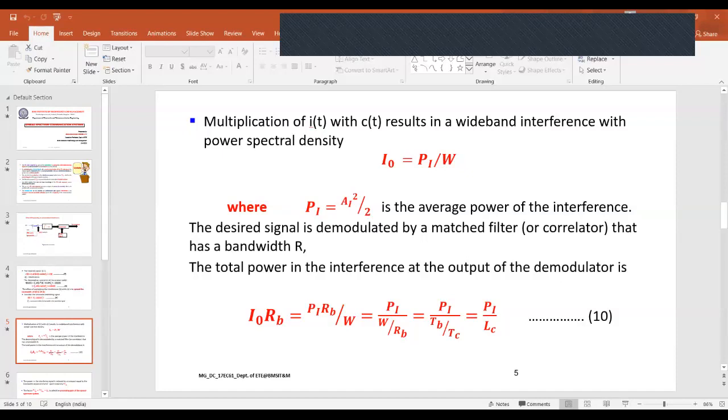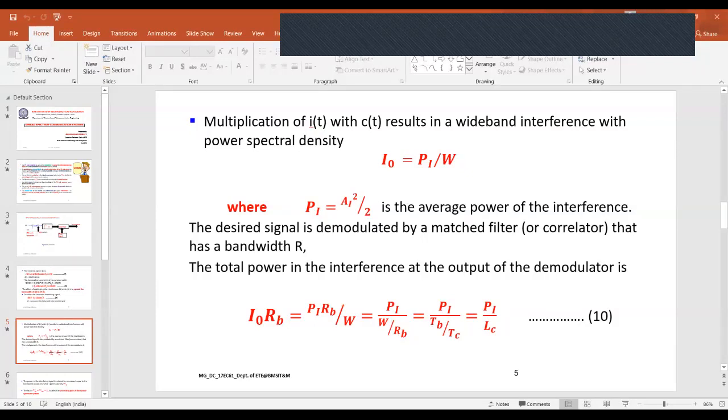So this can be rewritten as P_I divided by W by R_B. Just for my convenience, I'm writing in this way. Then, which is equal to P_I divided by W by R_B. As I said, 1 by R_B is T_B, right? T_B is the bit duration. And T_C is 1 by W. So I can write this W by R_B as T_B by T_C.